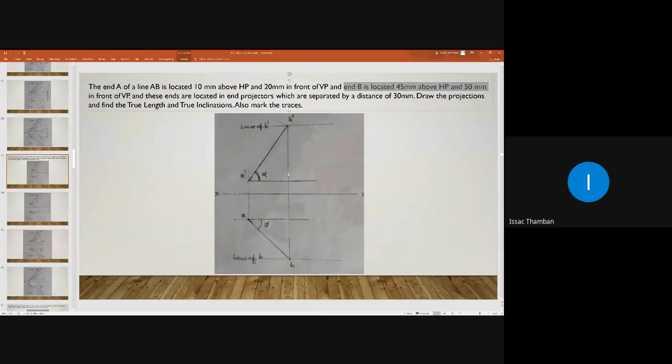After obtaining these points, you connect A dash and B dash, and A and B, by means of straight lines. And this is the elevation and plan of line AB, which is inclined to HP and VP.